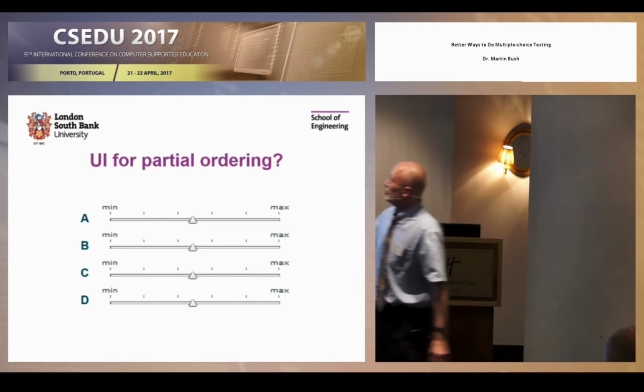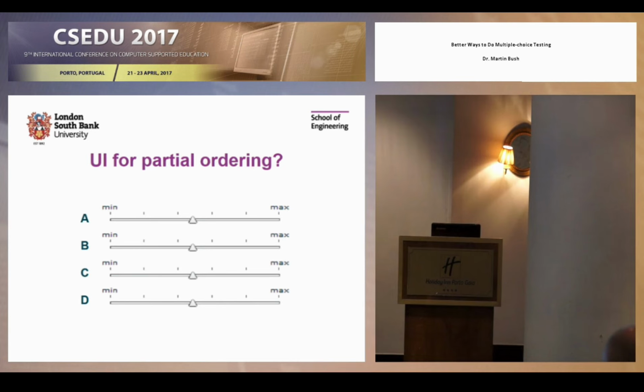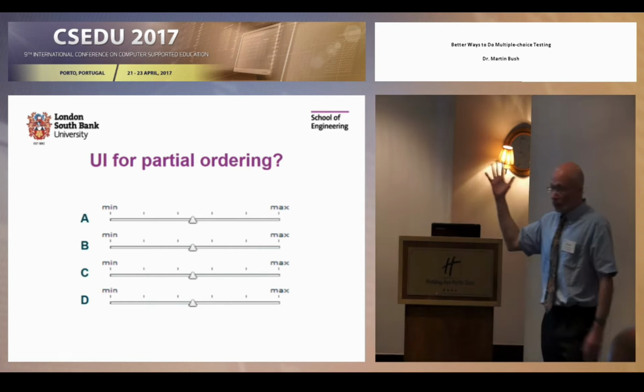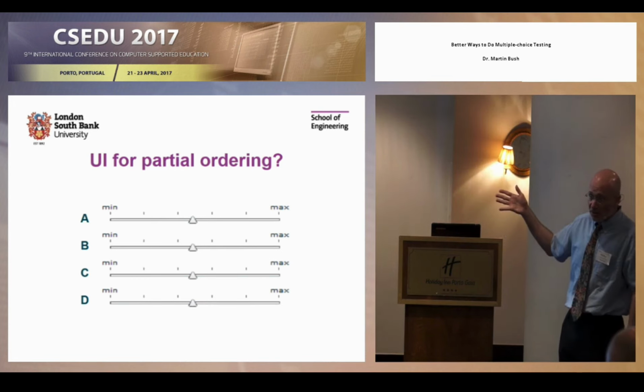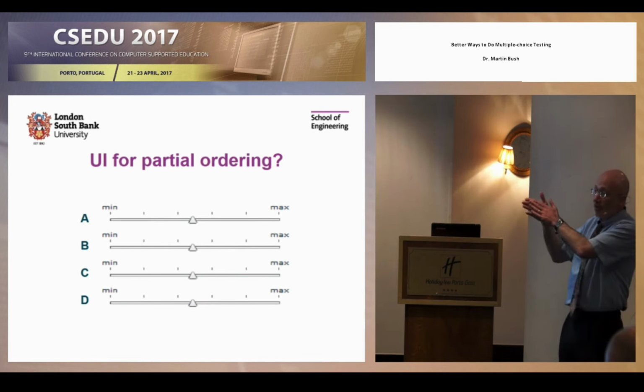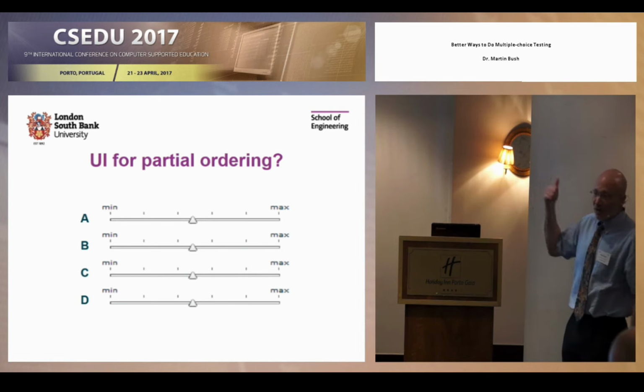With subset selection, students can say, okay, I think it's A or B, but not C or D. Do you see what I mean? With partial ordering, you're giving much more freedom, and this is really, I think, when you look at a multiple choice question, the question and the 4 answers, you've got some belief in your mind about the rightness or wrongness of those 4 answers relative to the question.